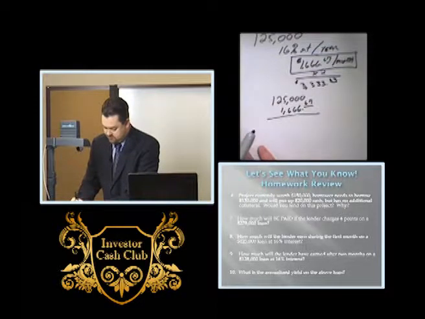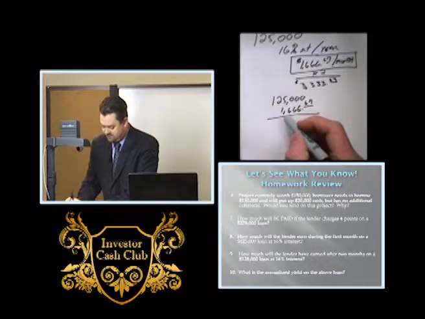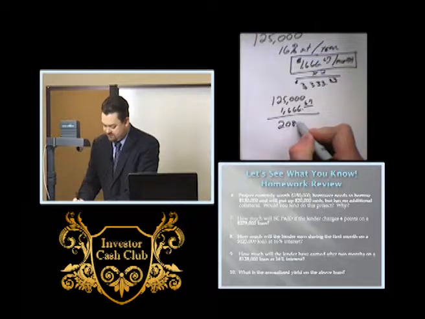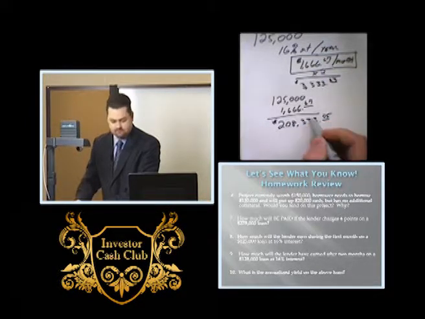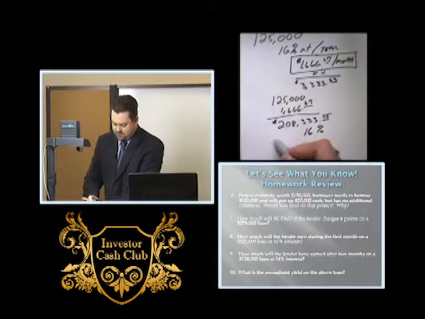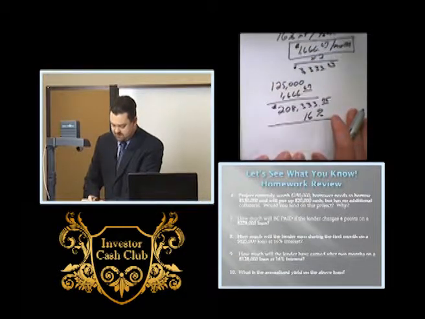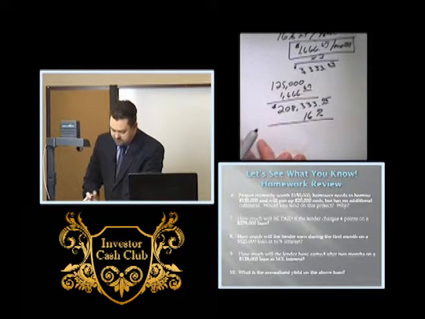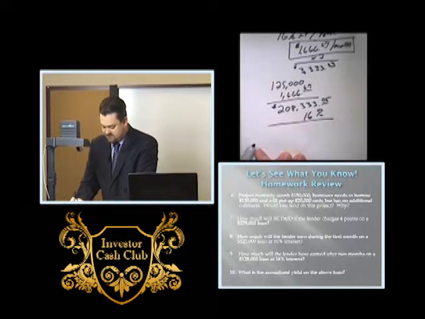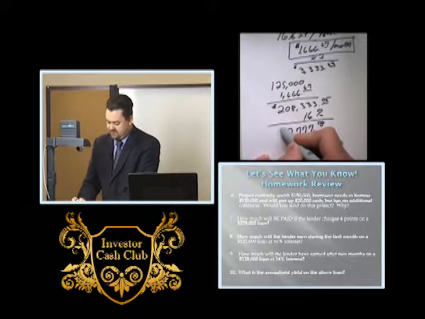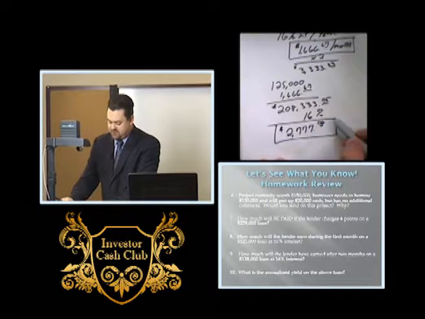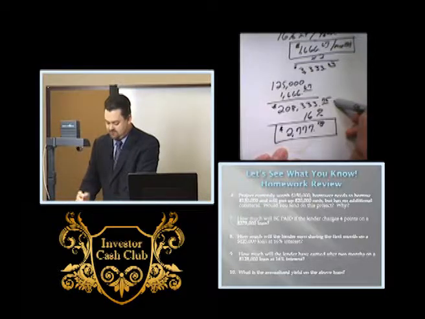Now we're going to take 16% interest on that, so we take that number times 0.16 divided by 12, the monthly charge.